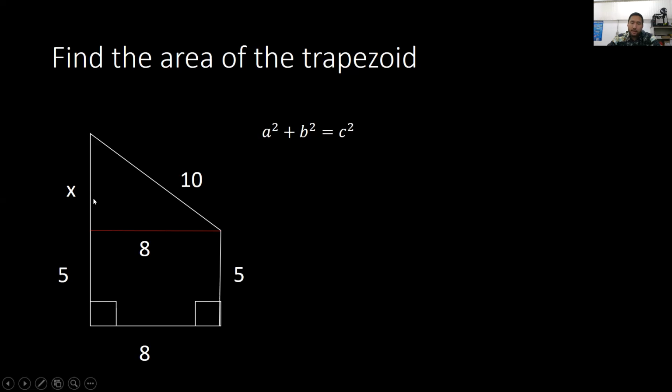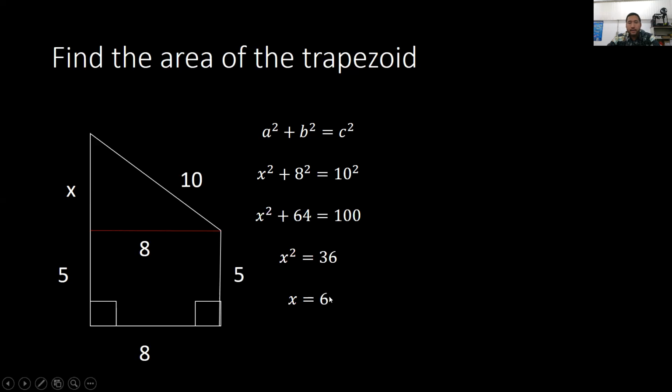So we go ahead and plug them in. x squared plus 8 squared equals 10 squared. Then we can solve x squared equals 100 minus 64 is 36. We put a radical sign over, which cancels out this square. x equals radical 36, which is x equals 6.